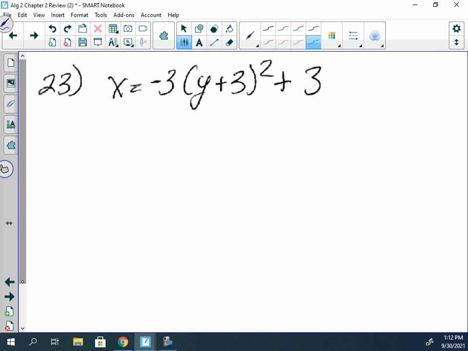x equals -3 times y plus 3 squared plus 3. I need to change some of these where H and K are not the same. Well, this one they're technically not. What would H be?